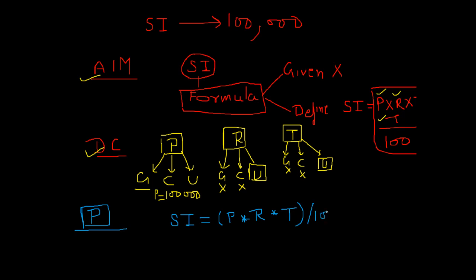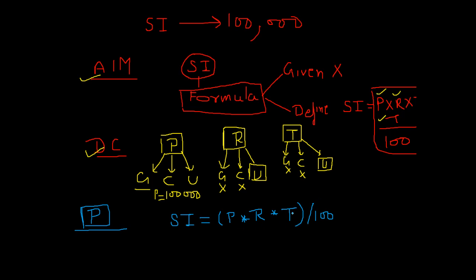So basically, once we get the values of all variables, we have designed the expression for finding the simple interest by using the arithmetic operators. For finding the product, the arithmetic operator is star, and for the division, it is slash.